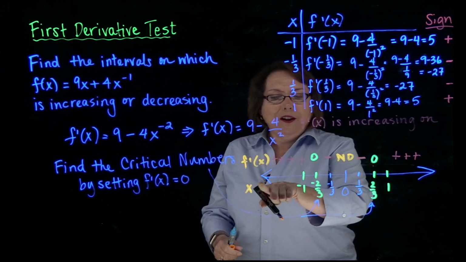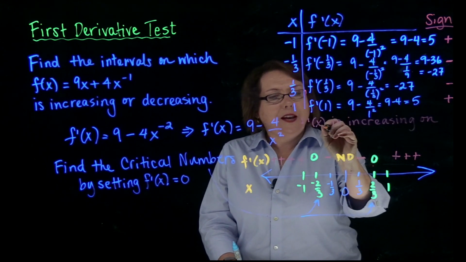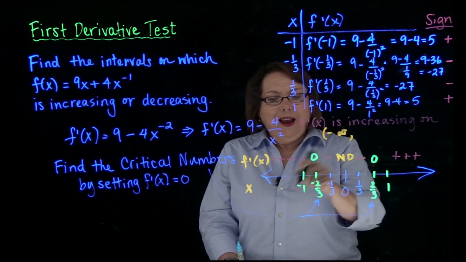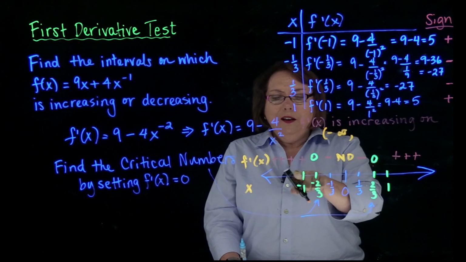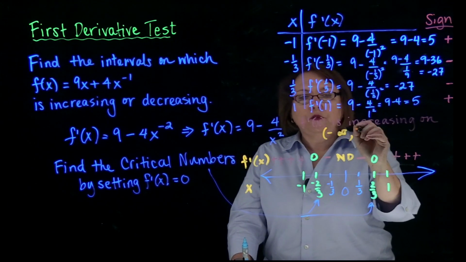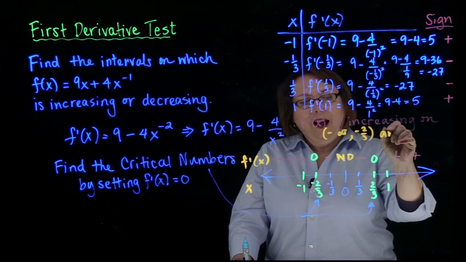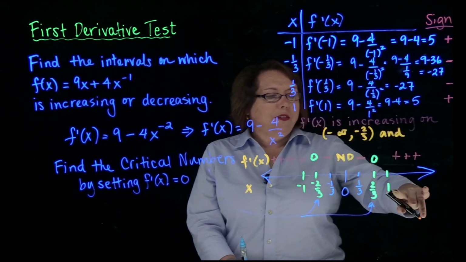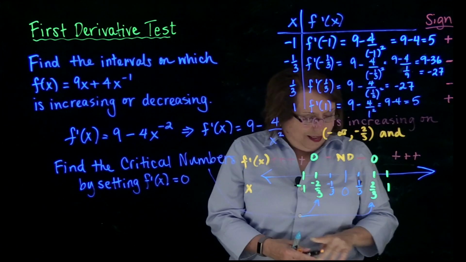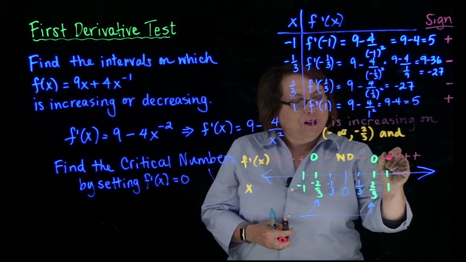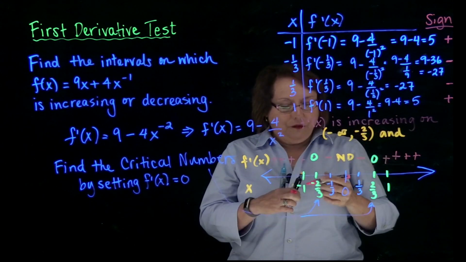So what's way over here on the left side? Negative infinity. And then it's increasing through negative 1 up to negative 2/3.